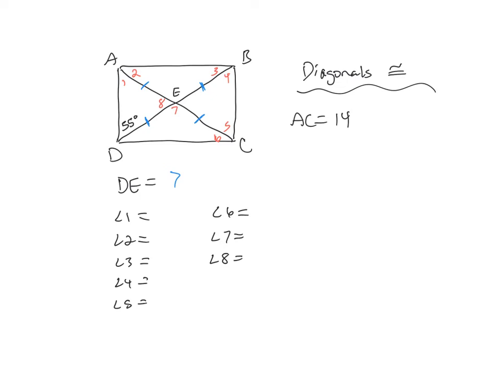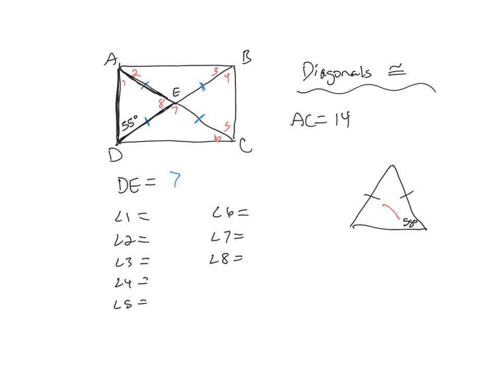So that is huge because if we have this triangle right here with the 55 degrees, I'm going to redraw it over here. So I kind of turned it. Well, that's an isosceles triangle.